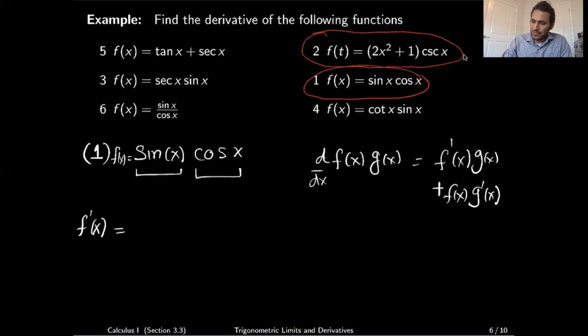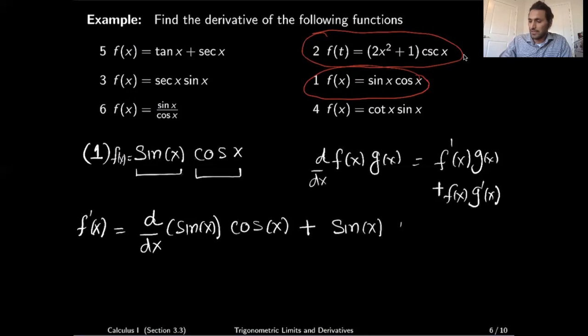So that will be the derivative of the first function, dy by dx of sine x, times the second function as it is, cosine of x as it is, plus sine of x as it is, and derivative of the second function, dy by dx of cosine of x.